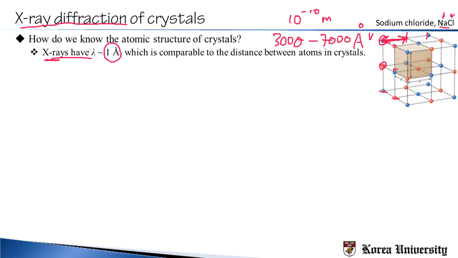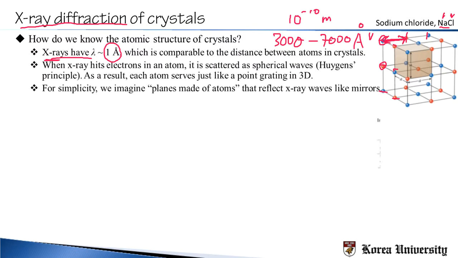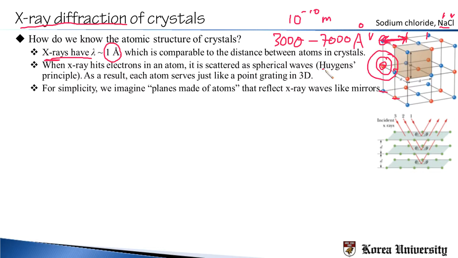How does it do that? When you shine X-rays onto these atoms, X-ray is an electromagnetic wave which has an electric field, and electrons in atoms, of course, are charged particles. Therefore, electrons will interact with the X-ray and produce spherical wavelets due to the Huygens principle.